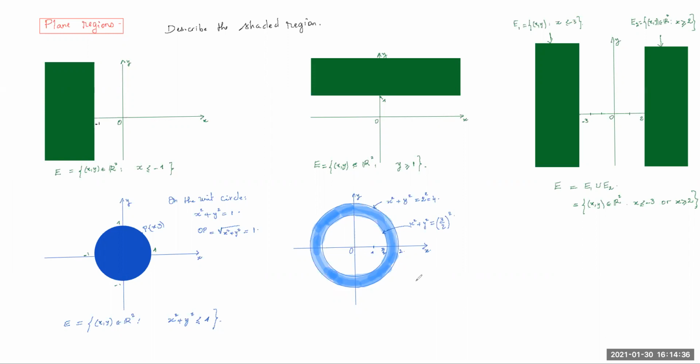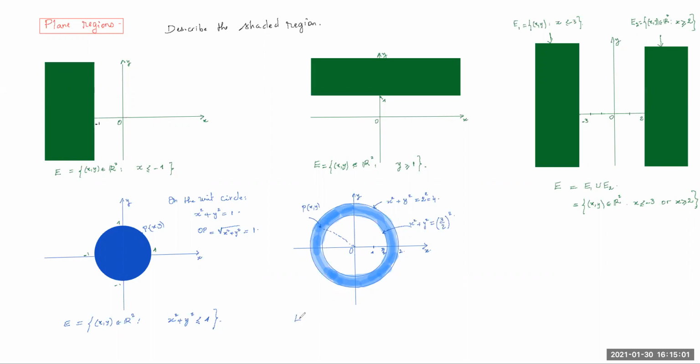Then the points that are between the two circles have the following distance. If you take a point P with coordinates x, y, its distance to the origin will be greater than or equal to 3/2 and less than or equal to 2.